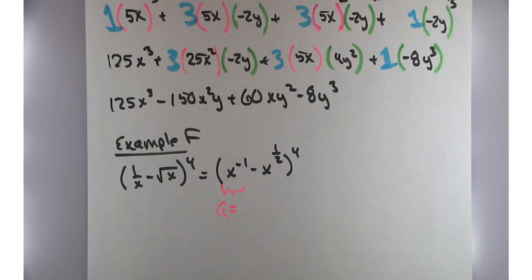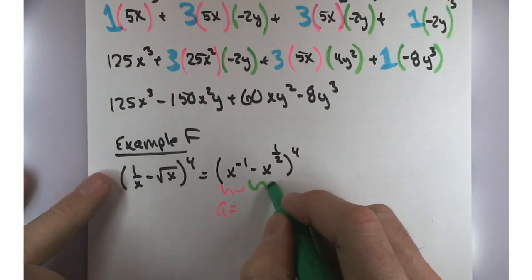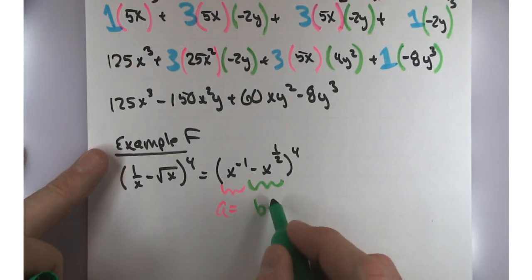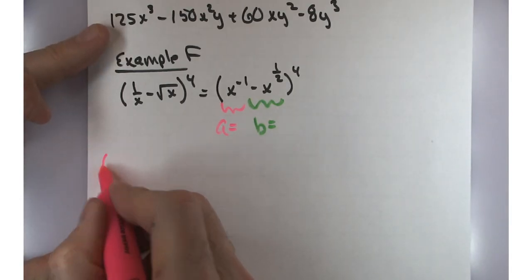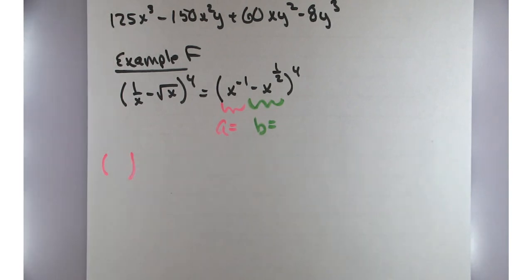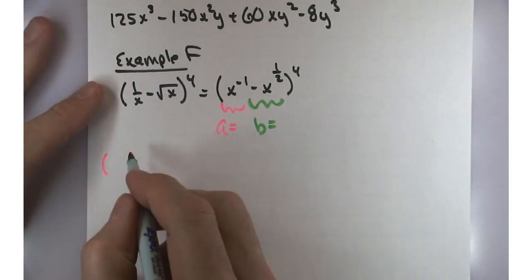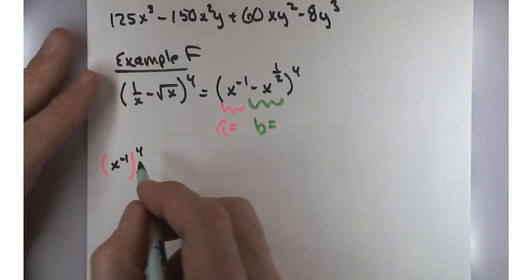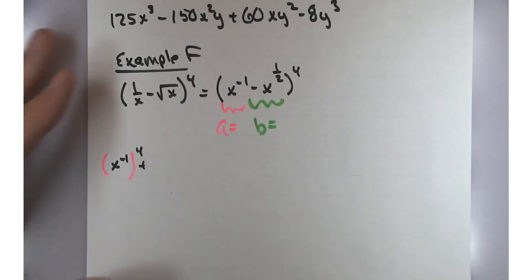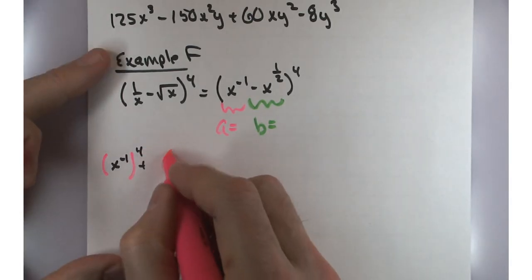And then, let's see, B will be right here. We're going to include the negative as part of B. We're going to have to write a little smaller on this one than we did with the last one. We'll start out with A to the 4th power. And that A is going to be x to the negative first. Plus, and I want to leave a little room here, A again.